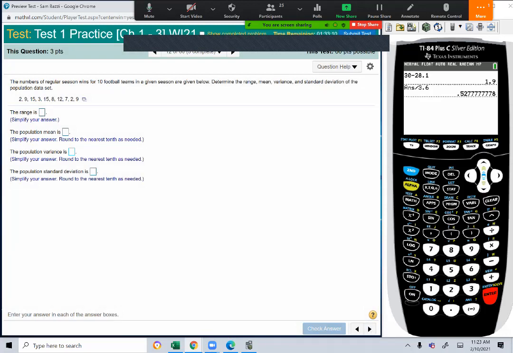Okay. Find the range, the population mean, the population variance, and the population standard deviation. I'm going to use the calculator this time, guys, just to show you that we can always use the calculator as well.